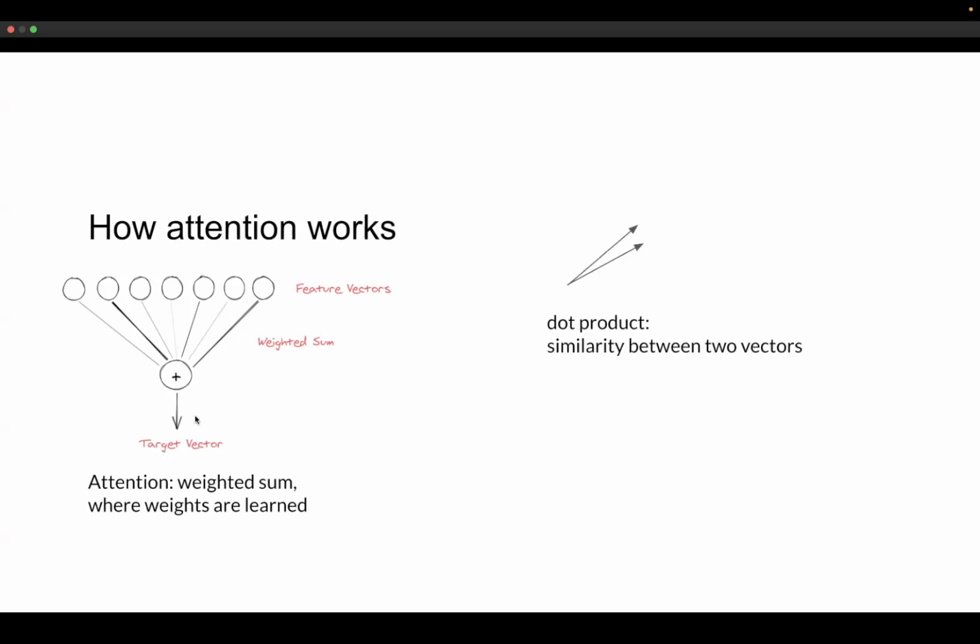The way to get the weights is, for each input vector, you project it to a query and a key, and you compare how similar the query is to the key by using a dot product. This will give you the weights for the attention.